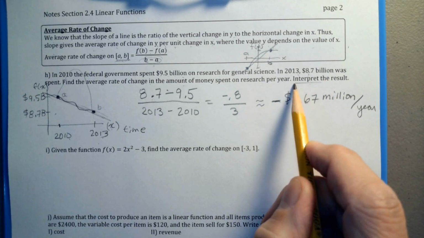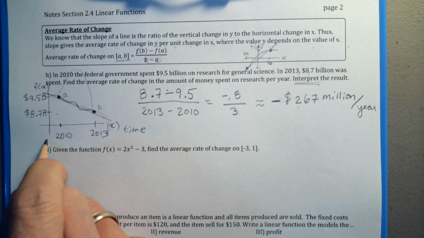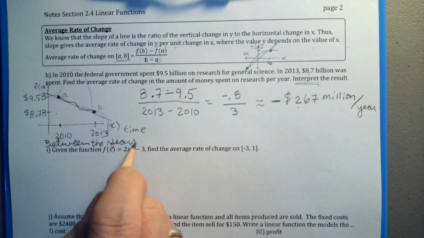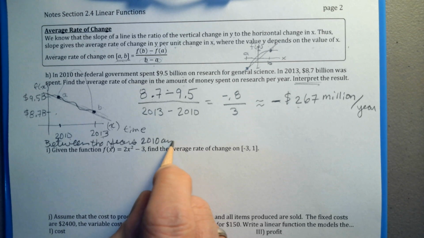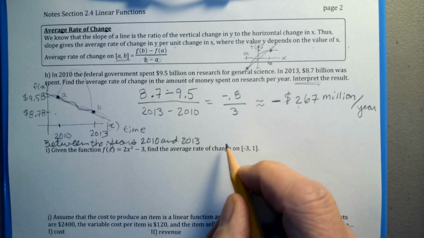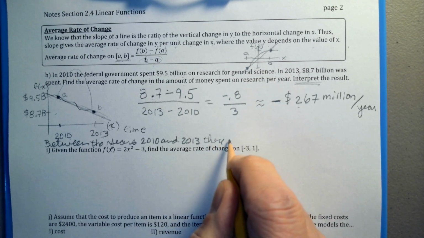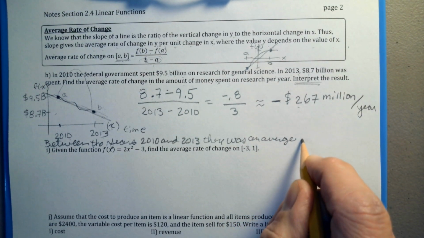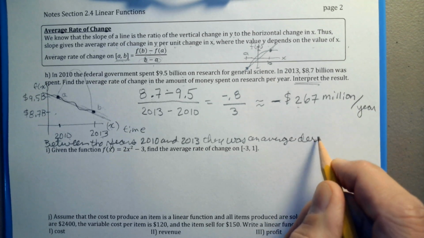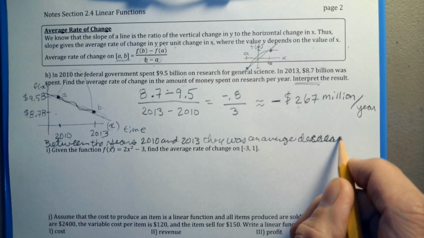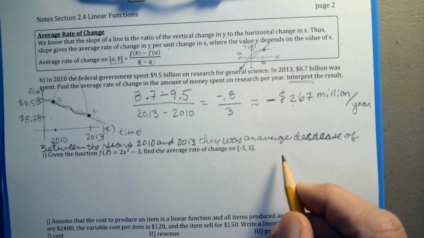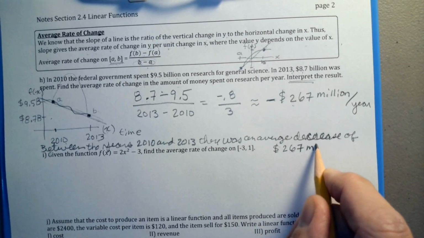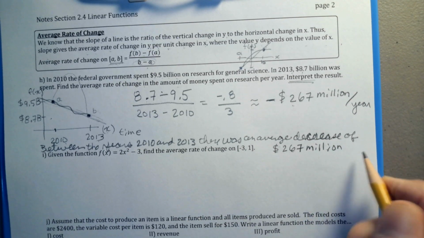So when we say interpret the results, we would say, between the years 2010 and 2013, there was an average decrease of $267 million per year.